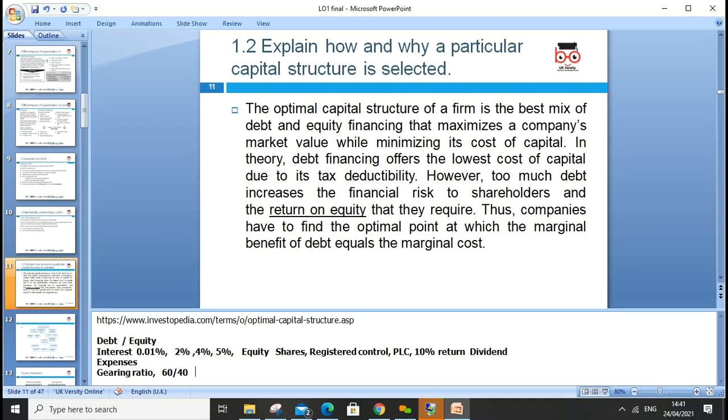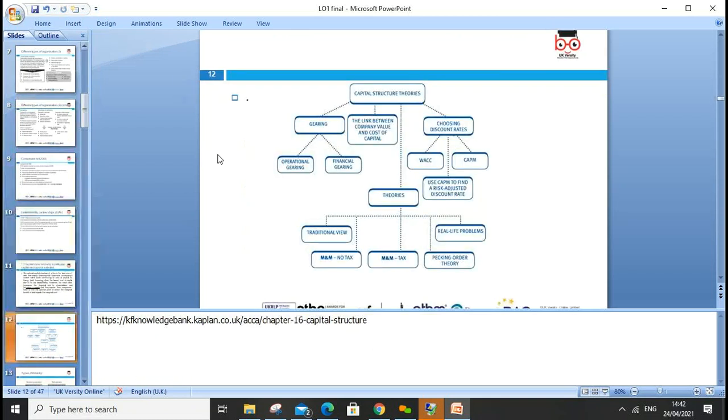We can use the weighted average cost of capital. If the average is lower, it's always good. However, debt increases the financial risk to shareholders and the return on equity that they require. So the company has to find the optimal point, where marginal benefit equals marginal cost. If there are any questions, you can ask, please.